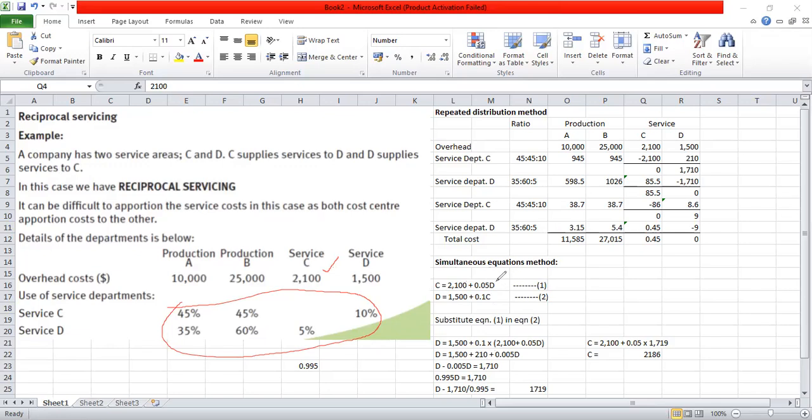Because two unknown variables are there, one unknown variable will be substituted in the other. In that manner we proceed and then calculate the amounts.